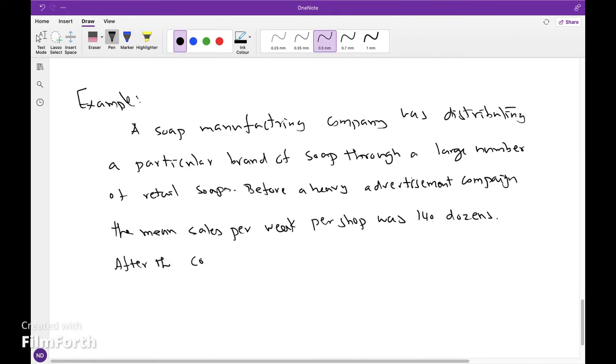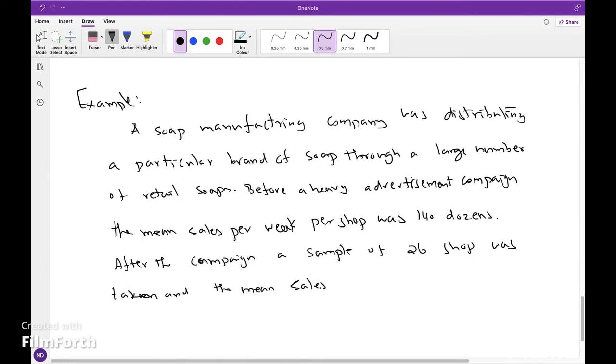After the campaign, a sample of 26 shops was taken and the mean sales was found to be 147 dozen with a standard deviation of 16 dozen.